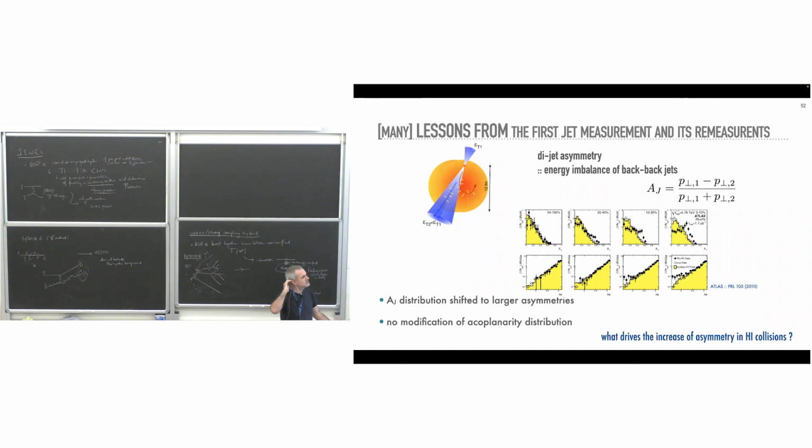So why are they asymmetric in PP in the first place? Well, because I don't catch all the energy. If a shower is broader, I catch less energy, okay? This is radius 0.4. A shower typically goes up to 1. So there's stuff outside. And I can also have 3-jet events, which is just a lot went outside.